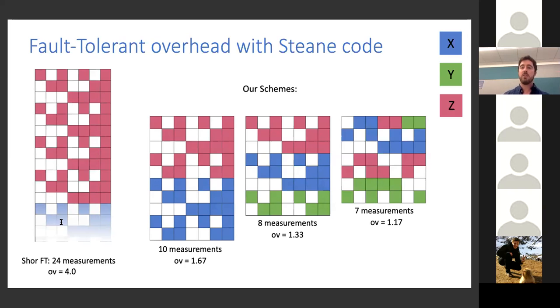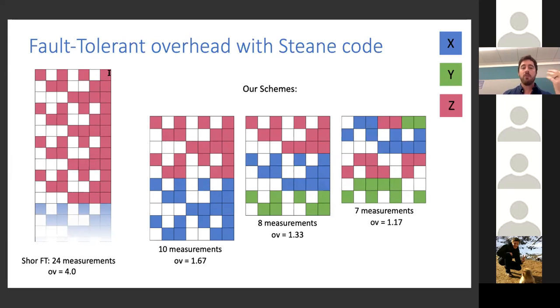And in the case of the Steane code, I'm going to use a different notation now that you are familiar with this sequence of measurements. I'm not going to add circles for faults. I'm just going to show you the measurements. So the measurements are a pink square for Z measurements and blue for X measurements. And the last one will be Y.